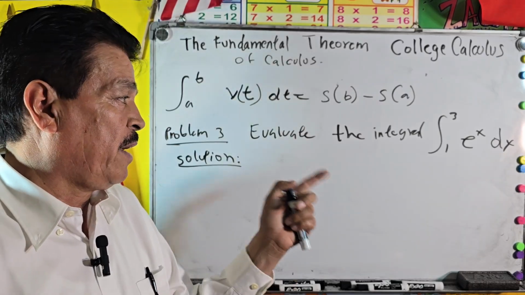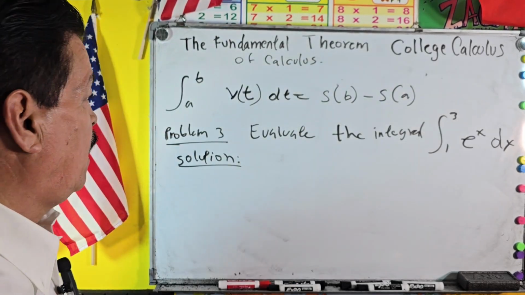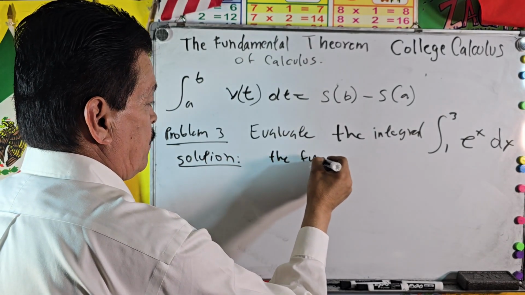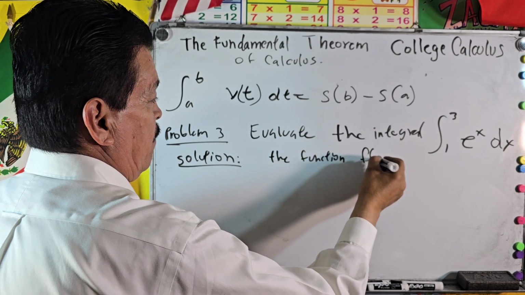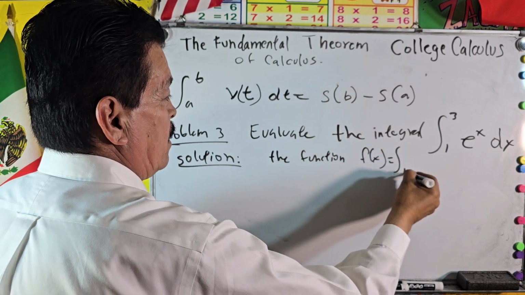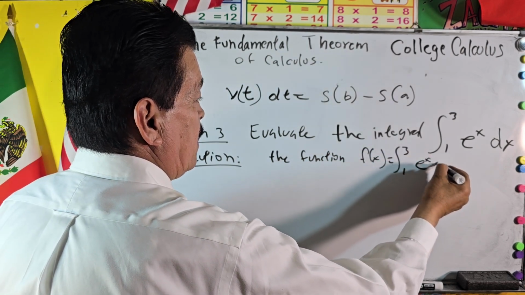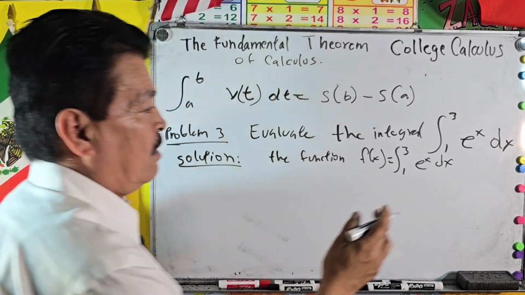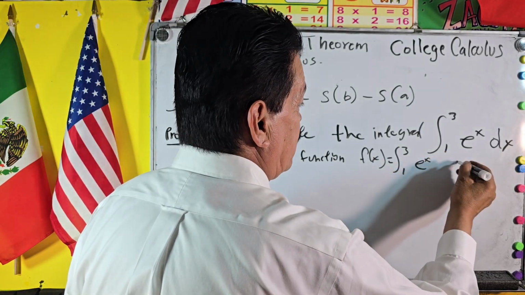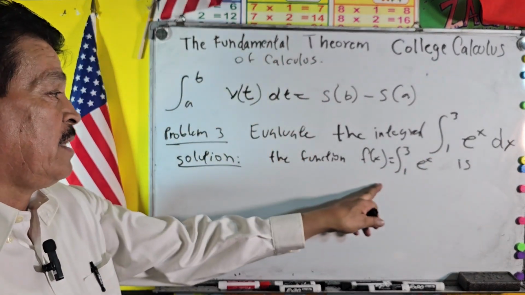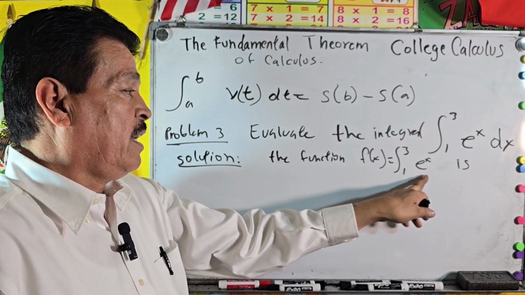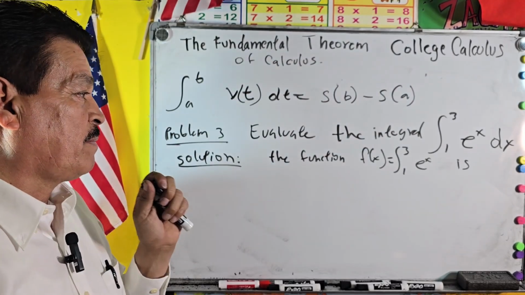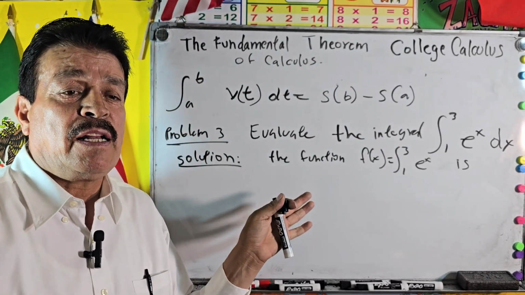So the function f of x equals e to the x power is continuous everywhere.